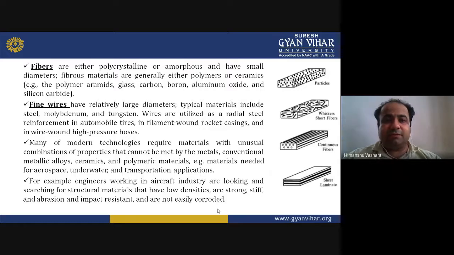So you can see these fine wires have wide applications.